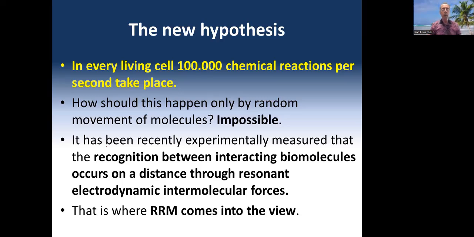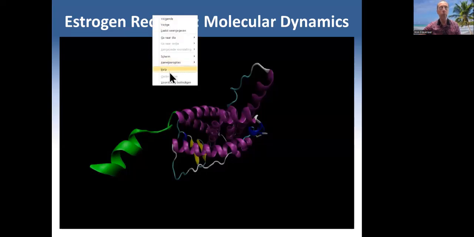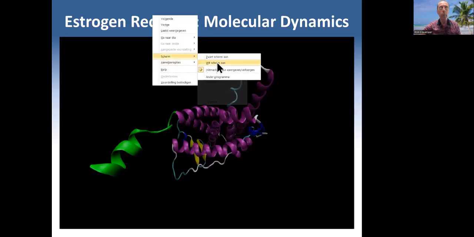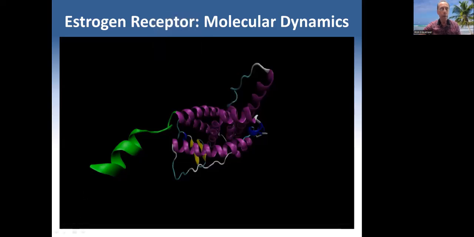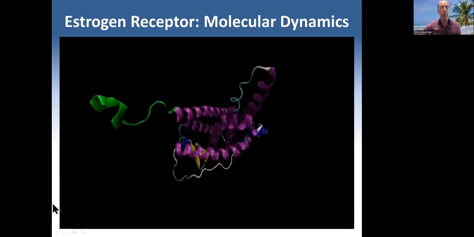So they found that there was a resonance frequency in the intermolecular forces to recognize where is my counterpart. And that is why the new technique called RRM is coming into place. Please take a look at this way of producing frequencies. Here, this is a molecular way of taking a look at the estrogen receptor.